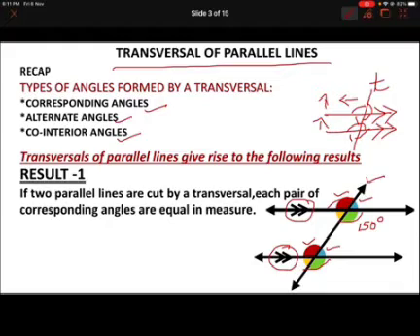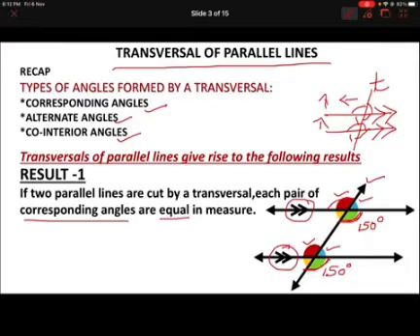Now we are talking about corresponding angles, and what did we say? Corresponding angles are equal in measure. So if this green angle here is 150 degrees, then surely this angle is also 150. How do we know this? We just learned that corresponding angles are equal in measure.